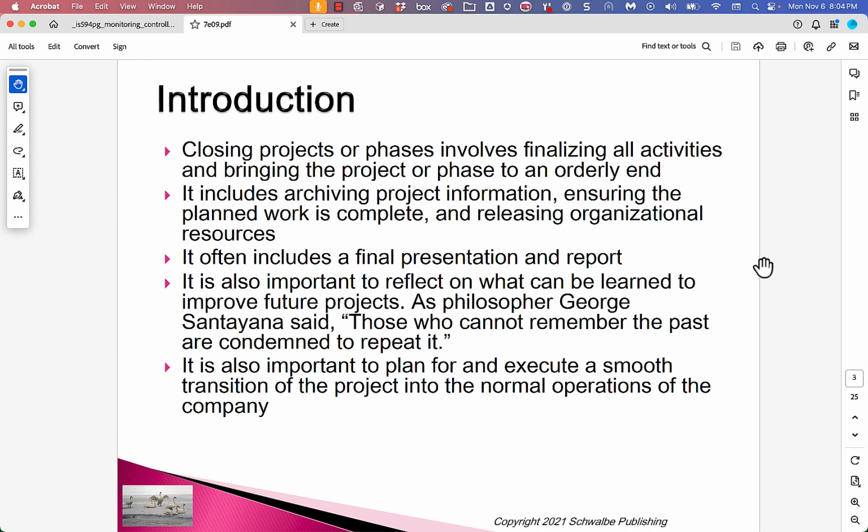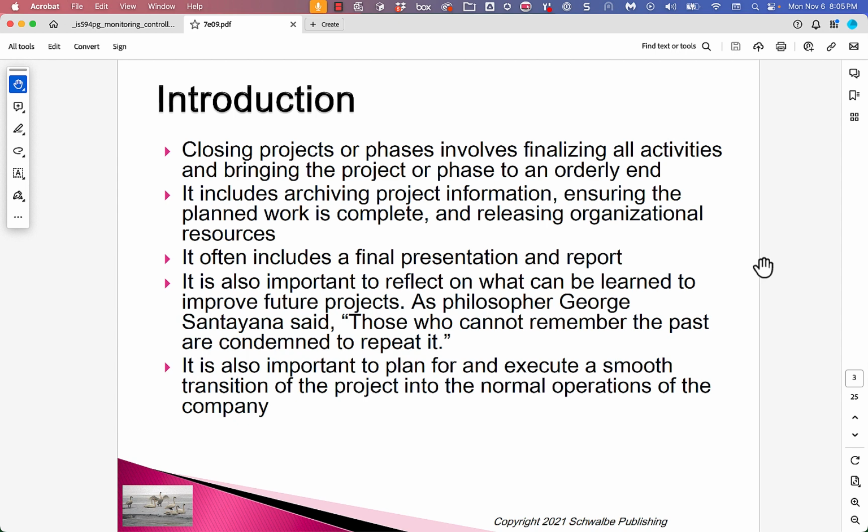Everything that has to be signed off is signed off, and everything that has to be paid for is paid for, and if there were contracts for that phase, they should be closed off, all those kinds of things. So this applies both to a phase of a project, but more appropriately to a project overall.